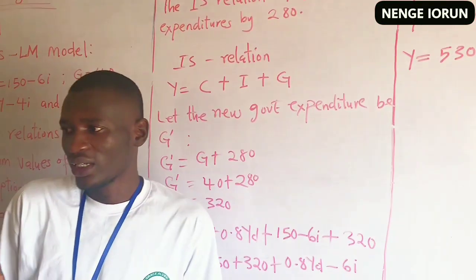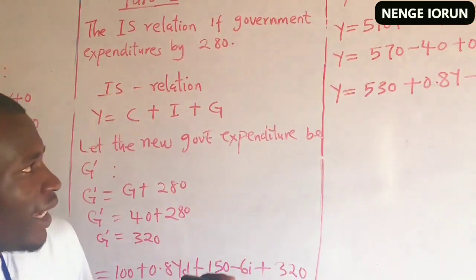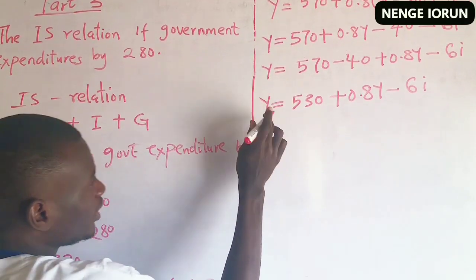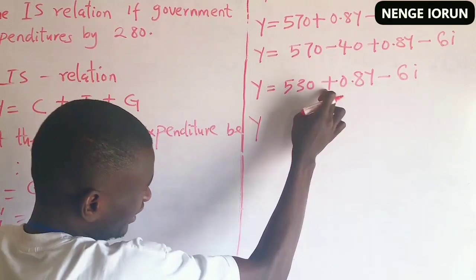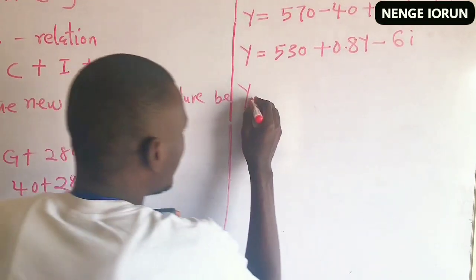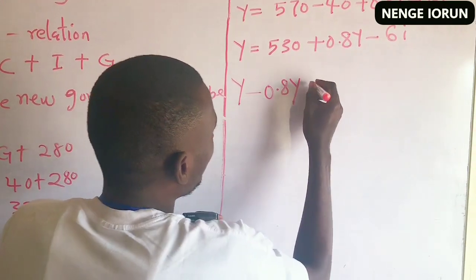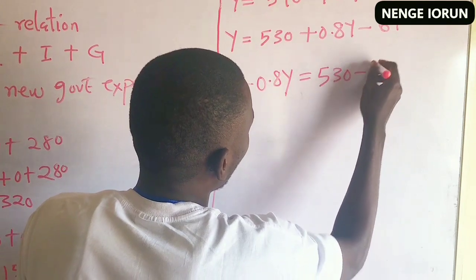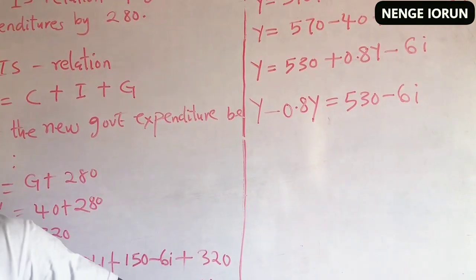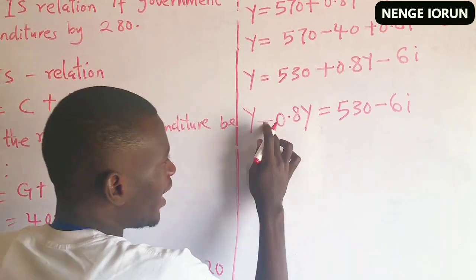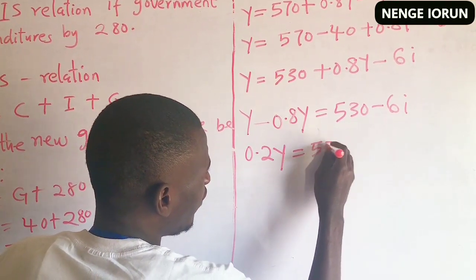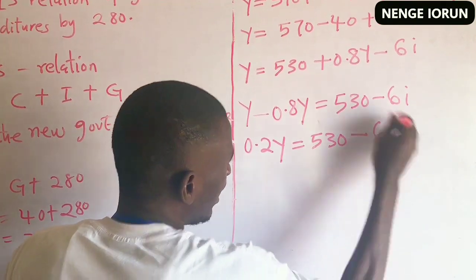You want to make Y the subject of this relation, because the IS relation has Y as the subject. So to make Y the subject, we collect like terms. By so doing, positive 0.8Y will cross the equality sign to meet Y. As it is positive, crossing this equality sign, it changes to negative. So you have Y minus 0.8Y is equal to 530 minus 6i. The coefficient of Y here is 1, so you have 1 minus 0.8, which is 0.2Y, is equal to 530 minus 6i.